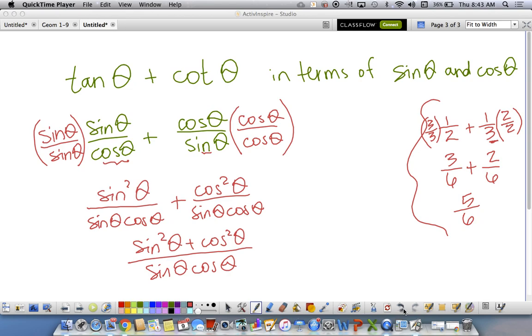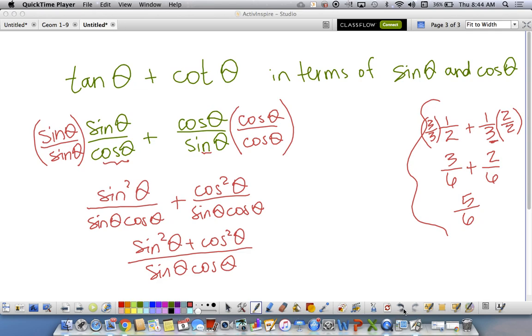Are we done? Could something be more simplified? Do you recognize anything? Do you see a Pythagorean identity with the squares? The top, sine squared plus cosine squared, is simply what? I generally don't put equal signs because there is no equal sign. We're just simplifying.